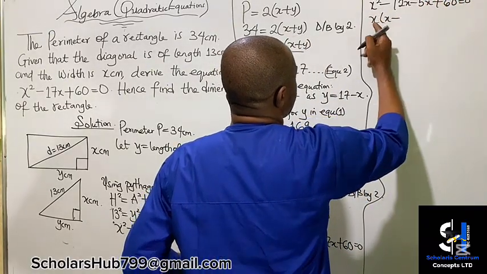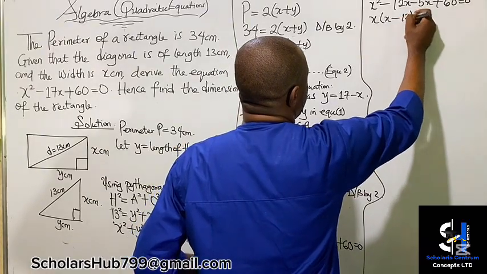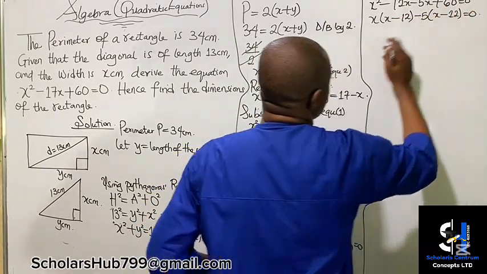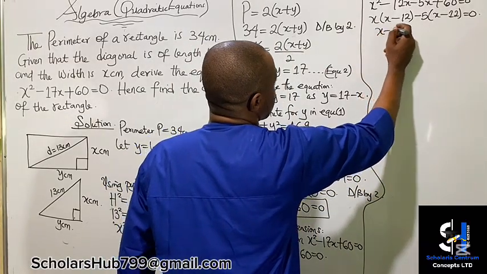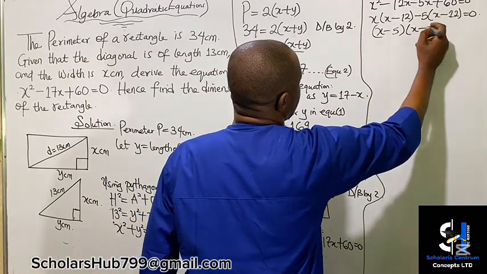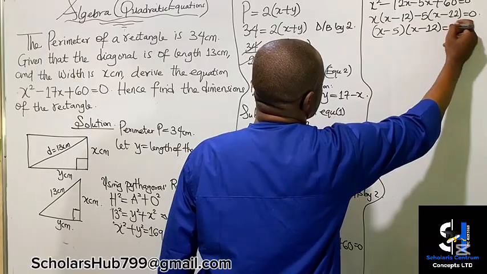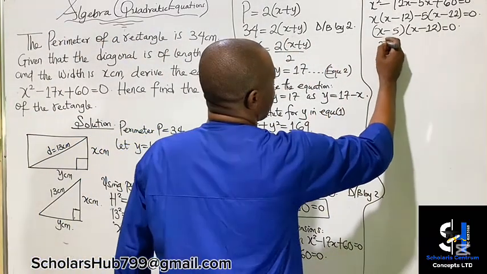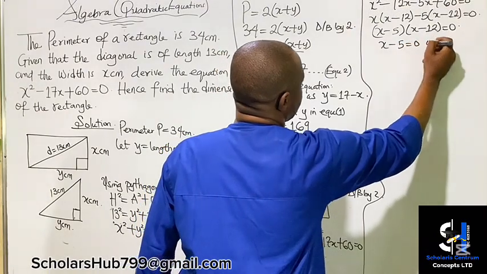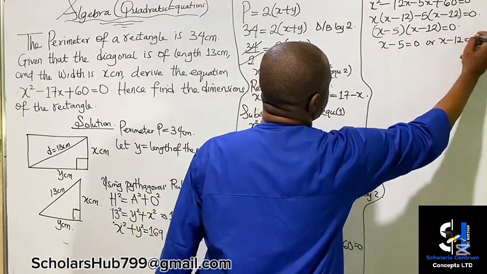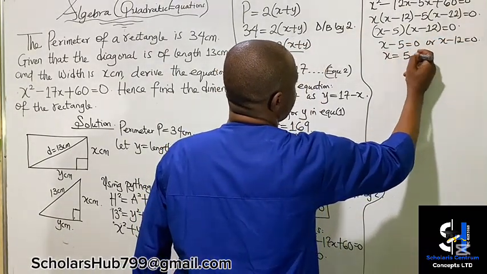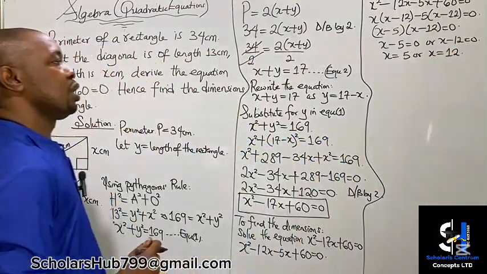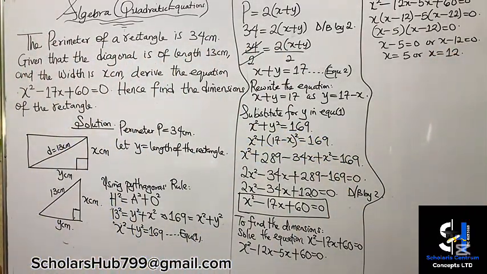By factorization, we have x into x minus 12, negative 5 into x minus 12 equals 0. So x minus 5 and x minus 12 equals 0. So x will be equal to 5 or x equals 12.